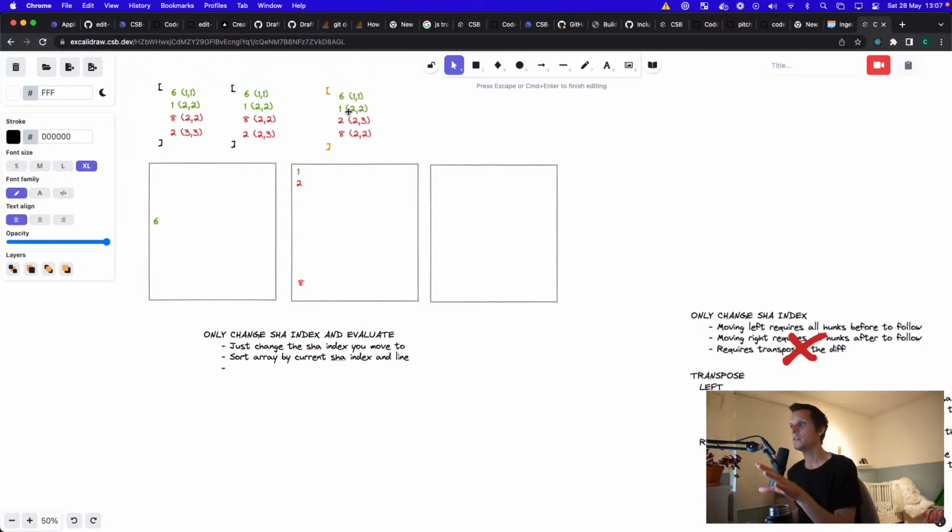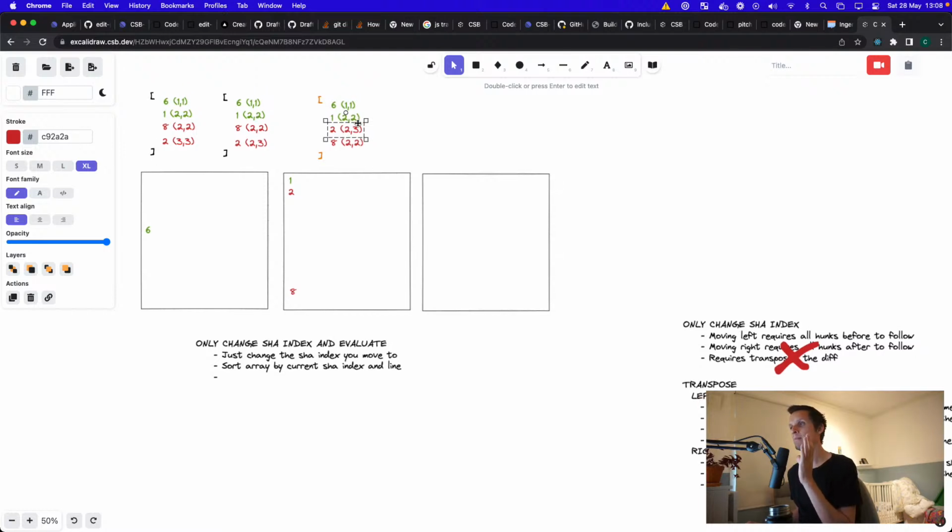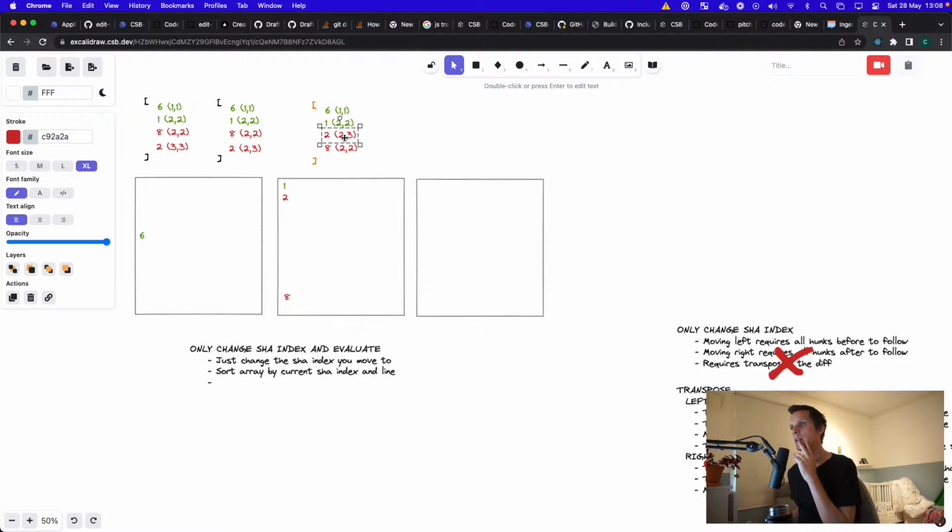The next one is on SHA-2. Its origin is also 2. We don't have to do anything about that. And then we see, okay, we're removing line 2. It has a later origin than where it currently is, and that means any entry coming after this needs to be transposed.